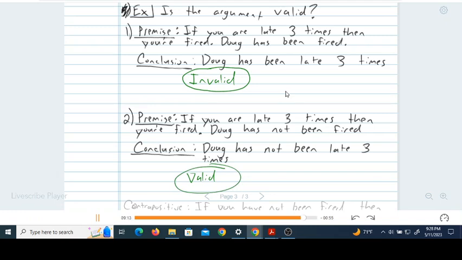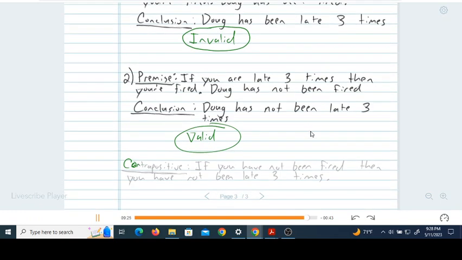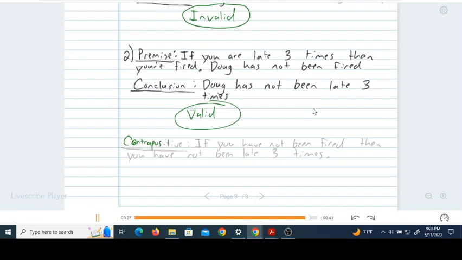It's basing the fact that Doug must not have been late 3 times because he has not been fired. Well, that makes sense because if he has been late 3 times, then he would have been fired. So it's basing it on the contrapositive. So keep in mind, we mentioned this in the last lecture, every conditional is logically equivalent to its contrapositive.